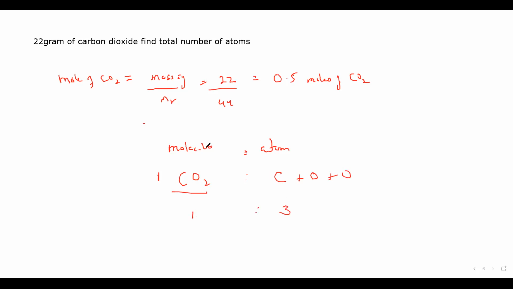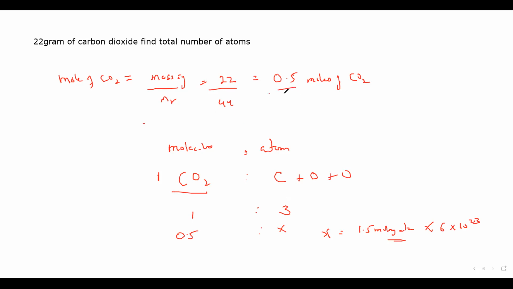If we have 0.5 moles of carbon dioxide, how many moles of atoms will there be? It will be 1.5 moles of atoms. To get the total number of atoms, we multiply by Avogadro's number, 6 × 10^23.